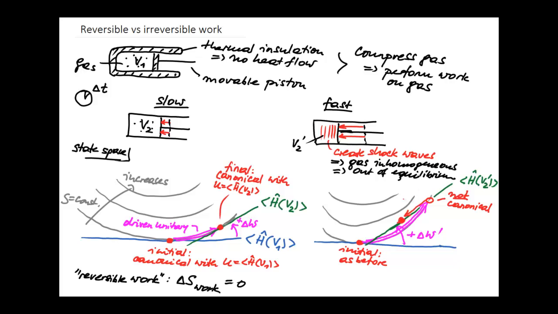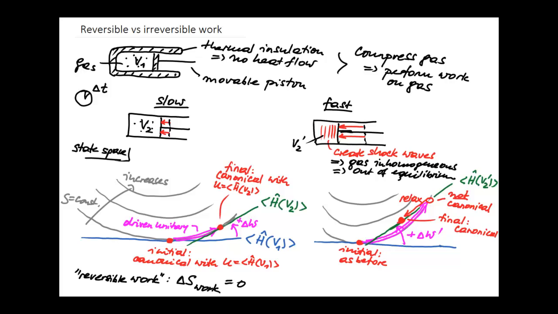So this is the subsequent relaxation towards an equilibrium state. Now this is the final state, which is again canonical, and it has the same energy as this intermediate state, but it has a higher entropy.